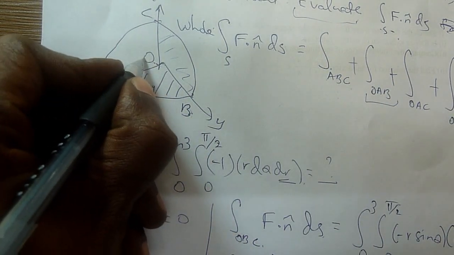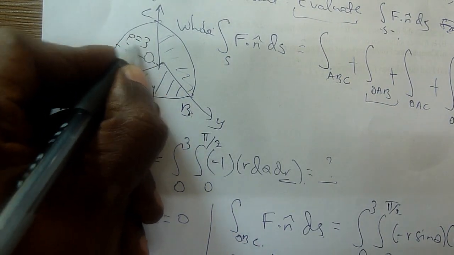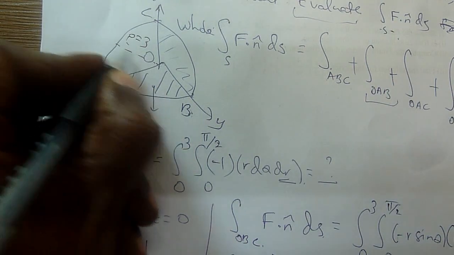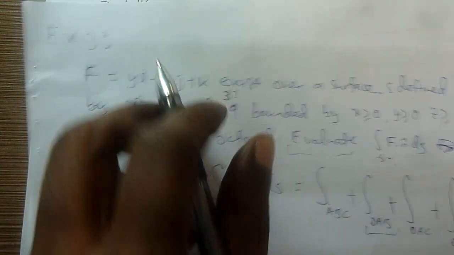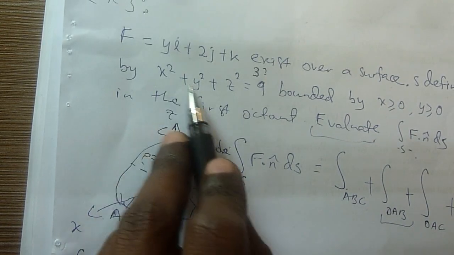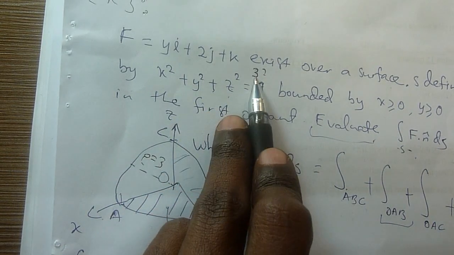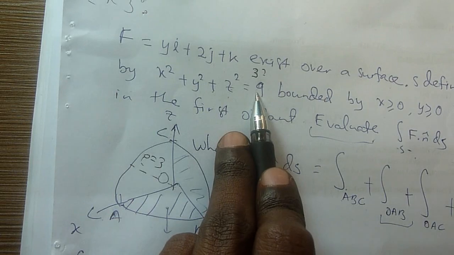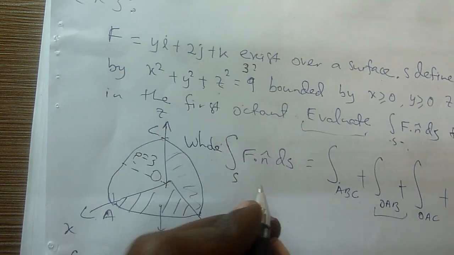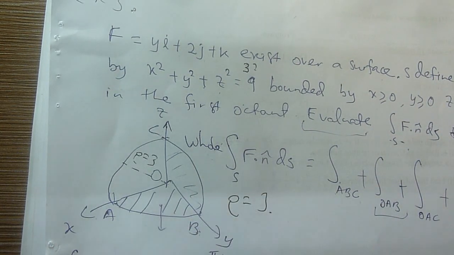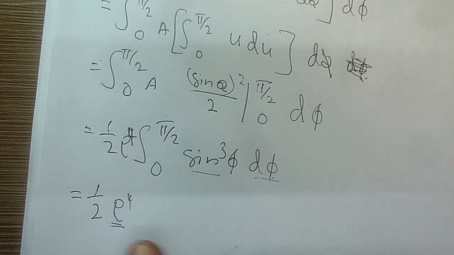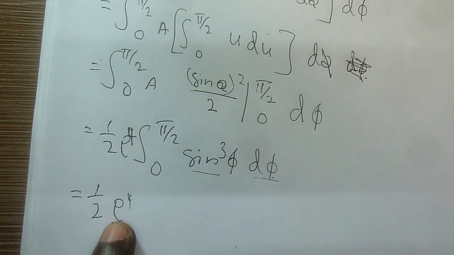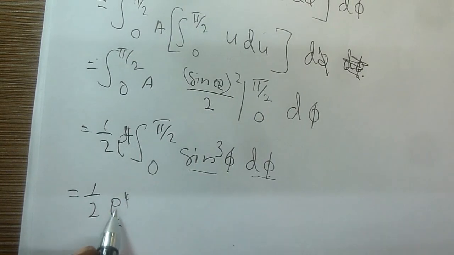Remember, rho is equal to 3, because it's a sphere here, x squared plus y squared plus z squared, 3 squared, right? This is rho. You must remember rho is 3. Therefore, you no need to worry. Rho is not a difficult portion to handle in this case, therefore you can substitute later.